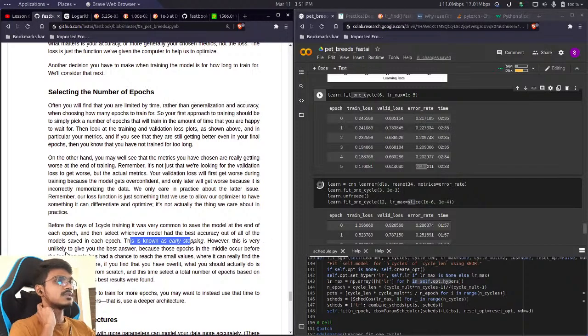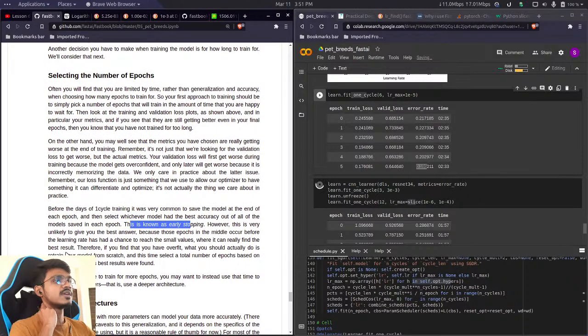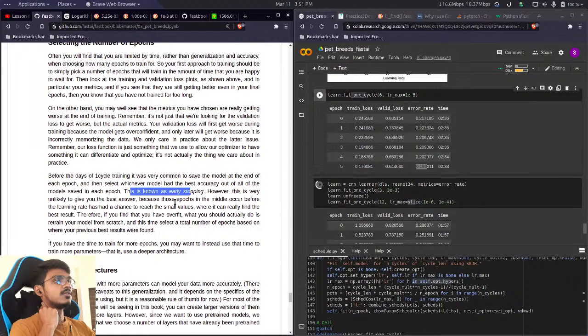However, this is very unlikely to give you the best answer because those epochs in the middle occur before the learning rate has had a chance to reach the small values.